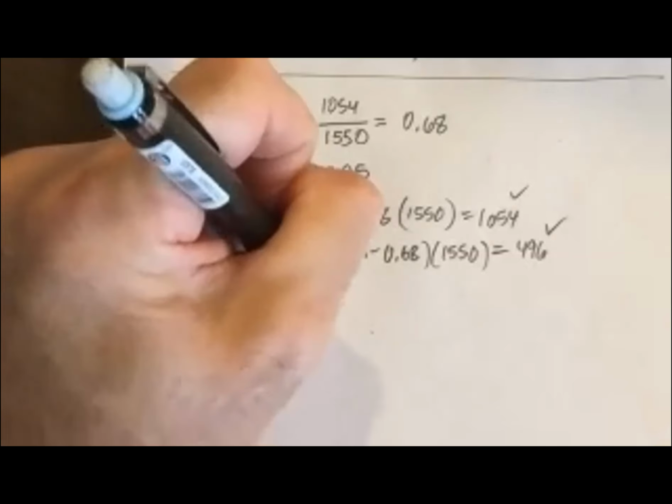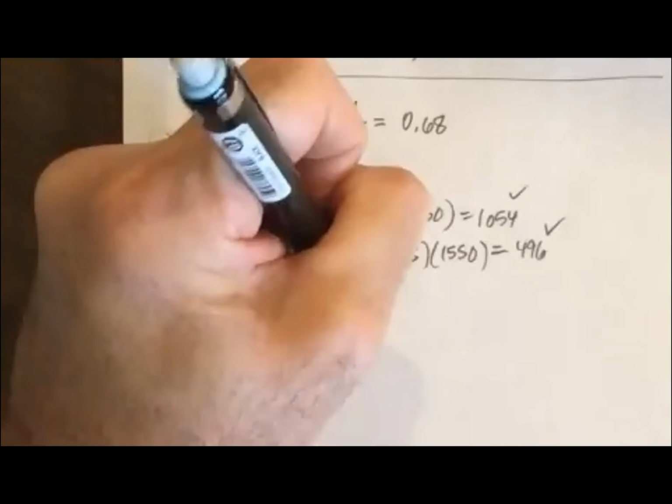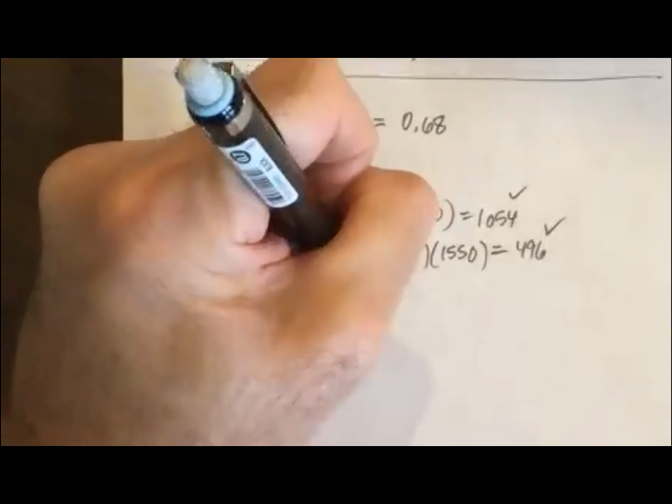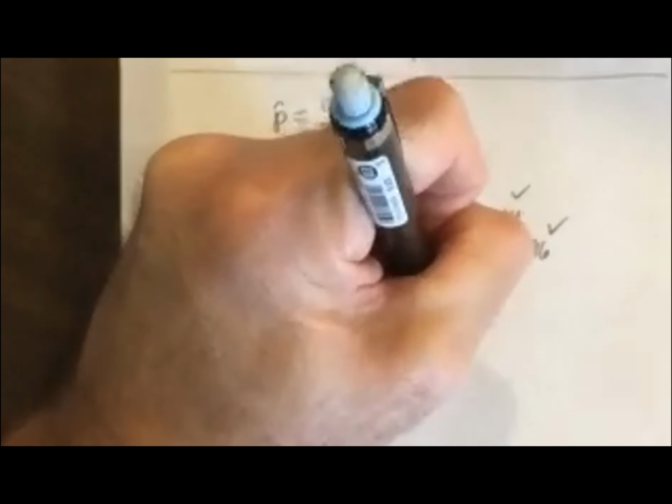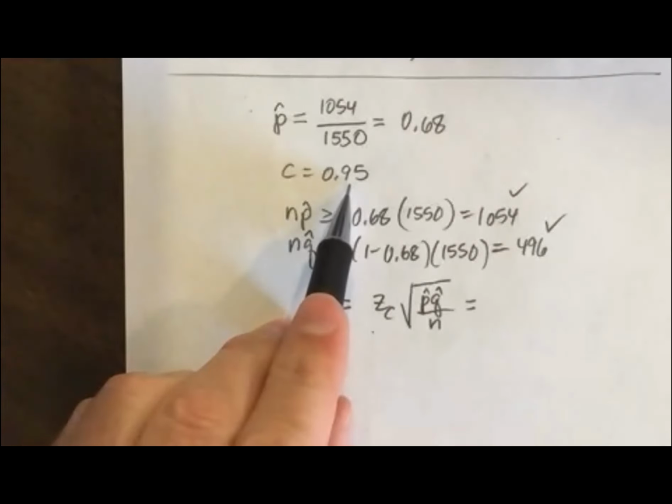Okay, so then we're going to calculate our margin of error, which is our z sub c times the square root of p hat q hat over n. Our z sub c is going to be the z that cuts off 95%.